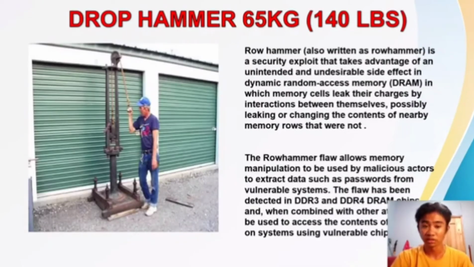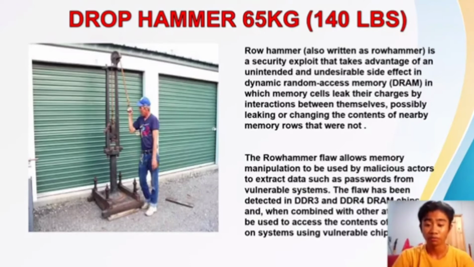A third is the drop hammer or raw hammer. Raw hammer, also written as raw hammer, is a security exploit that takes advantage of an unintended and undesirable side effect in dynamic random access memory or DRAM, in which memory cells leak their charges by interactions between themselves, possibly leaking or changing the content of nearby memory rows that were not addressed.